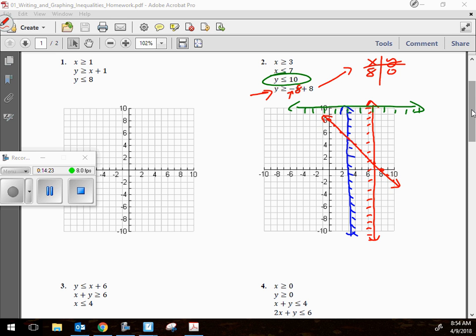Because this is greater than, I shade above. You're right. Now, the people that are more spatially inclined are going to be able to see this right away. There's my answer right there. That's where they all overlap. That's your final answer, is to shade that in.